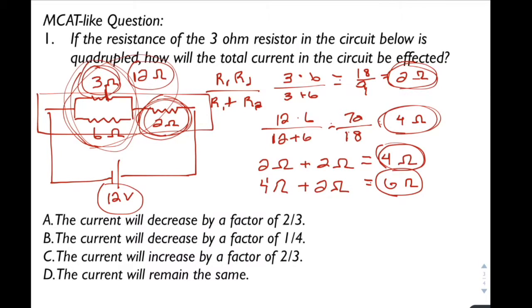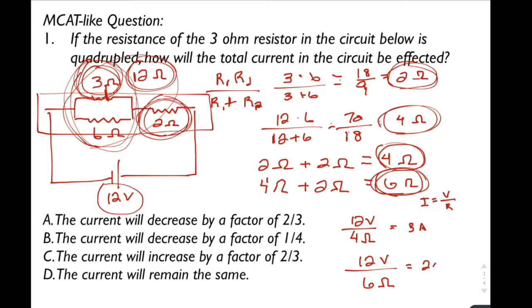Using 12 volts divided by 4 ohms, according to I equals V over R from Ohm's law, the current running through the circuit using the 3 ohm resistor is 3 amperes. Whereas using the 12 ohm resistor, 12 volts divided by 6 ohms gives us 2 amperes.